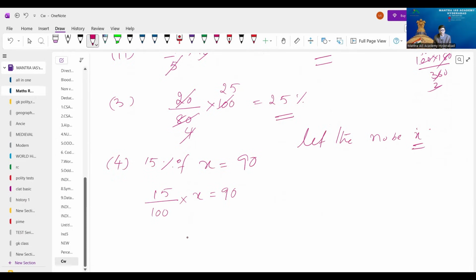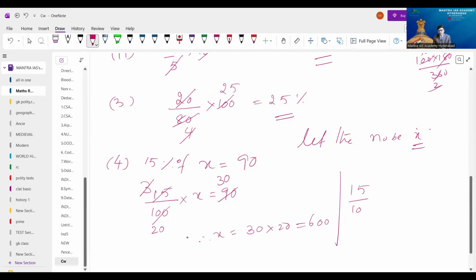Observe it very carefully. 5 threes are 15, and 5 twenties are 100. I stopped here, otherwise you can do it directly also. 3 ones are 3, and 3 times 30 is 90. So what's the value of X? It is 30 into 20, which is 600.